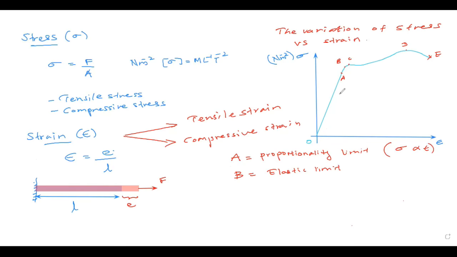If I take a material and stretch it up to point B, it comes back to its initial position. That means the material shows the elasticity property until the stress is raised to point B. If it exceeds that value, it won't come back to the same initial state, geometry or shape.